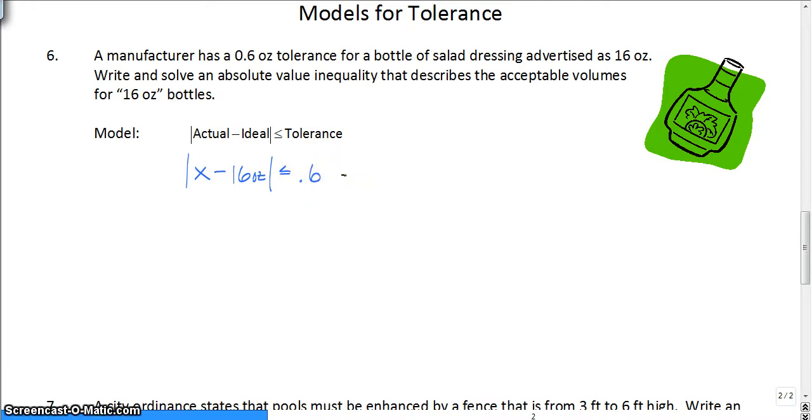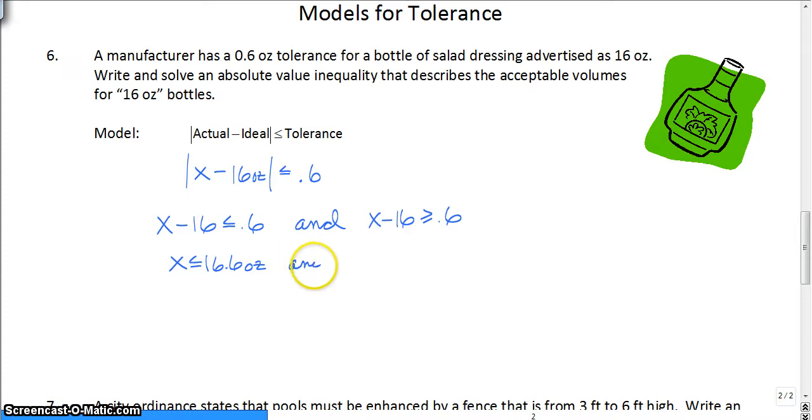Okay, so this is a less than statement. So x minus 16 is less than or equal to 0.6, and x minus 16 is greater than or equal to negative 0.6. Solve both of them. So x is less than or equal to 16.6 ounces, and x is greater than or equal to 15.4 ounces.